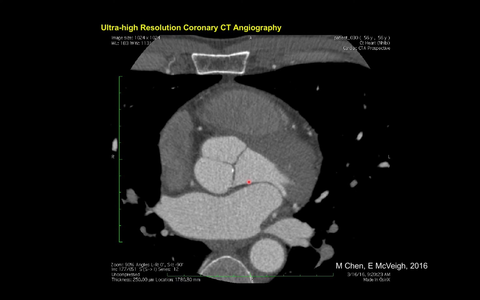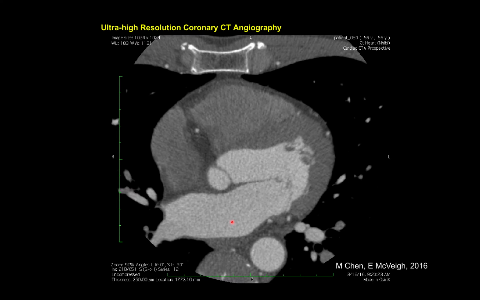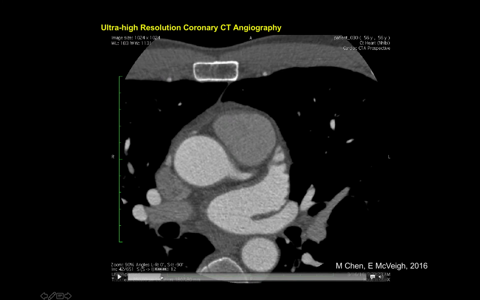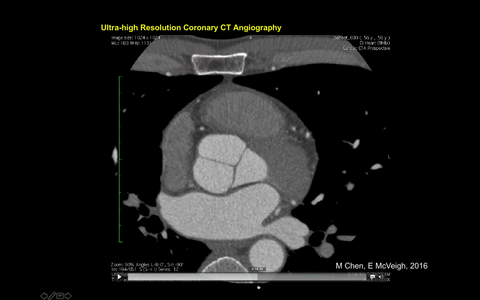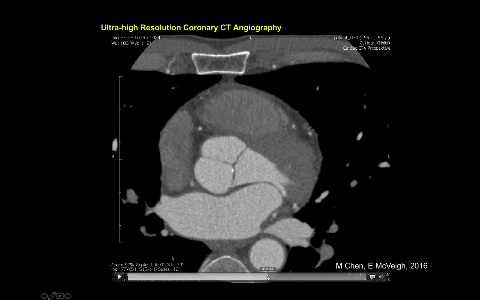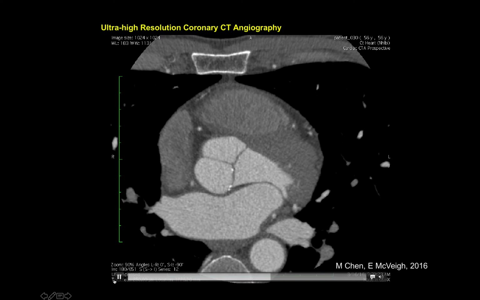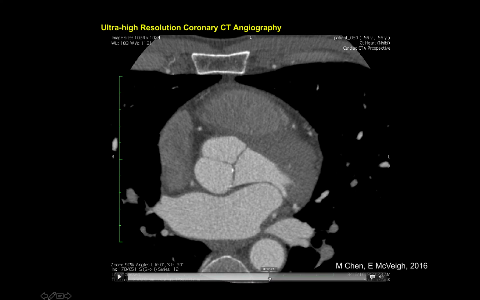But ridiculous pictures. You look at the detail of the valve here. Let me go back to my arrow. So if we go through here, look at the aortic valve leaflets, and then there's these tiny pieces of calcium on the aortic valve leaflet that are detected. Let me pause it here. Right there, right? That's not going to show up on a regular scanner.